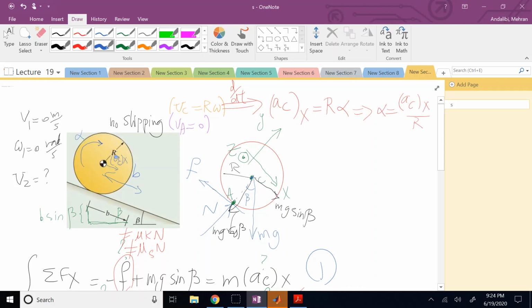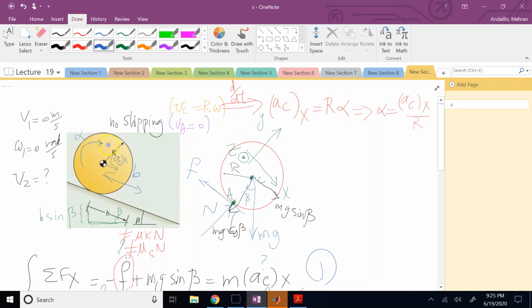Now, the problem is this. This a is in the positive x direction, but your alpha is clockwise. So this formula is correct only if the magnitudes are considered.